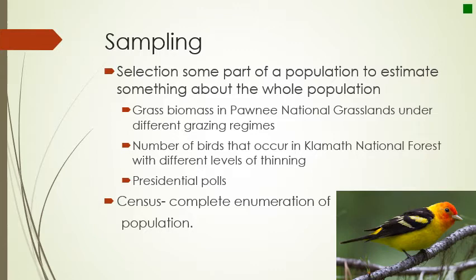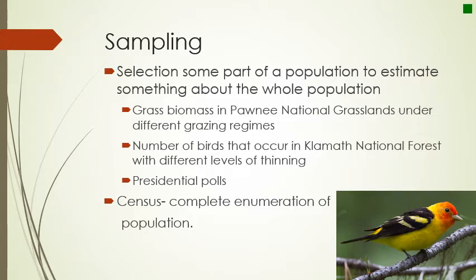If we're looking at how thinning of ponderosa pine forest might influence the number of birds that occur, say, in an area in Klamath National Forest, again, generally we wouldn't try to sample the entire area that has been thinned. We would go in and select a sample, and then we would make inference to that area that we're looking at.